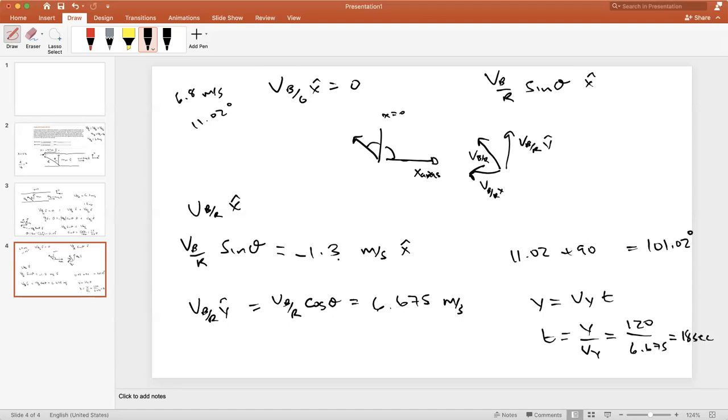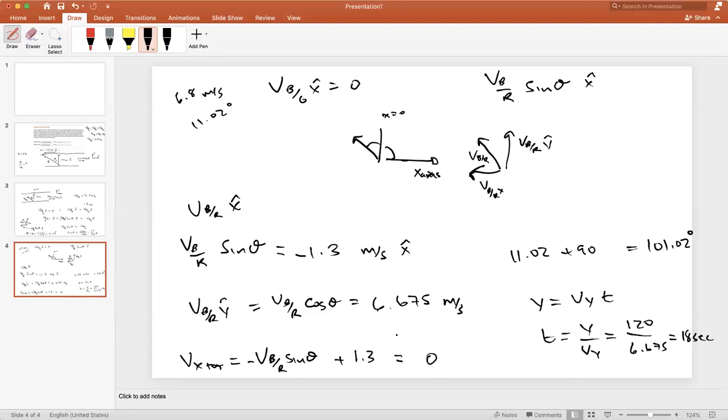And if we multiply this by 18 seconds and we add the river to it, so if our Vx total is VBR sine theta with a minus sign plus 1.3, this ends up being 0. That's easy enough to see, right?